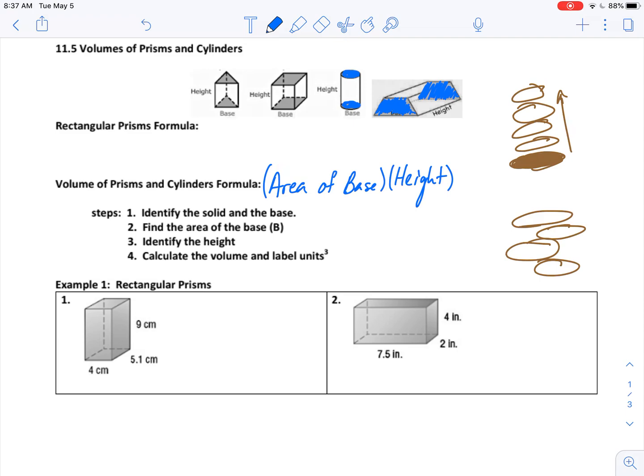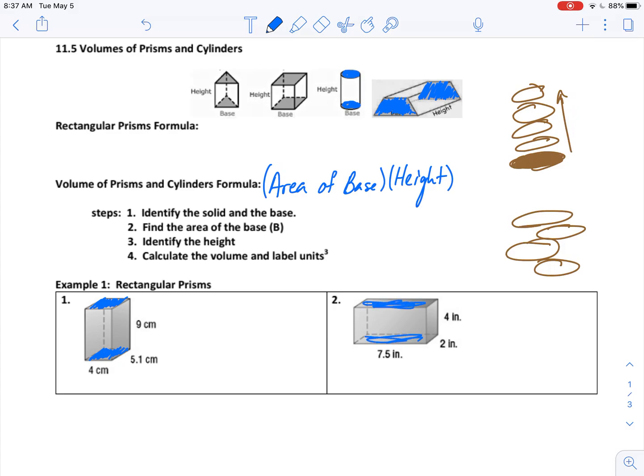So, in number one, we're going to see that these two shapes right here on the bottom and on the top are going to be my bases because those are both 4 by 5.1. And in number two, a little bit different, you could think about it as the bottom and the top are the bases.